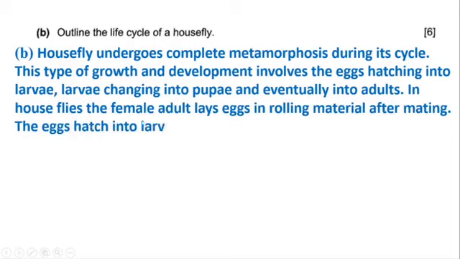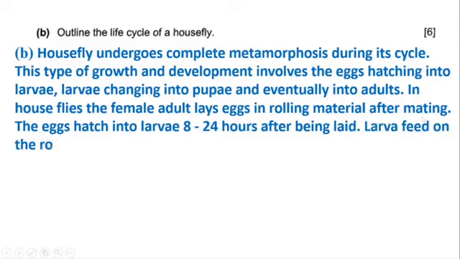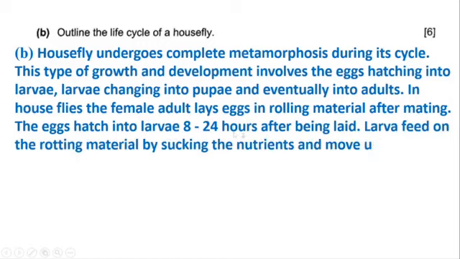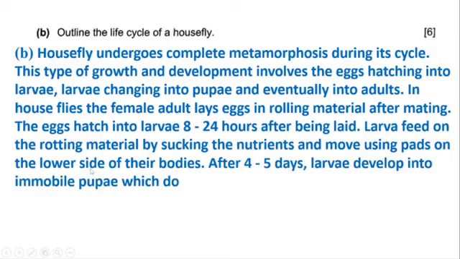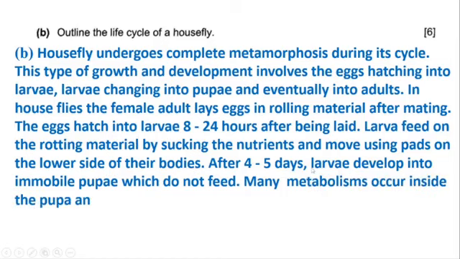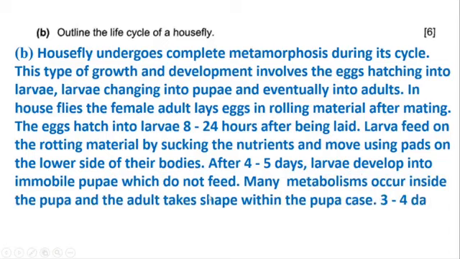In houseflies, the female adult lays eggs in rotting material after mating. The eggs hatch into larva 8 to 24 hours after being laid. Larvae feed on the rotting material by sucking the nutrients and move using pads on the lower side of their bodies. After 4 to 5 days, larvae develop into immobile pupa which do not feed.